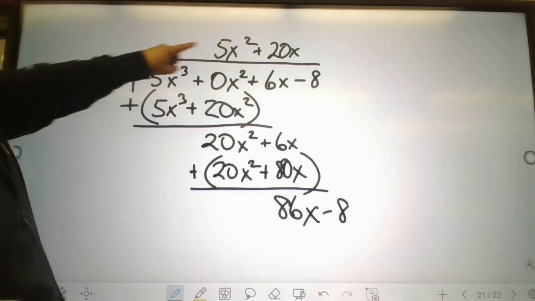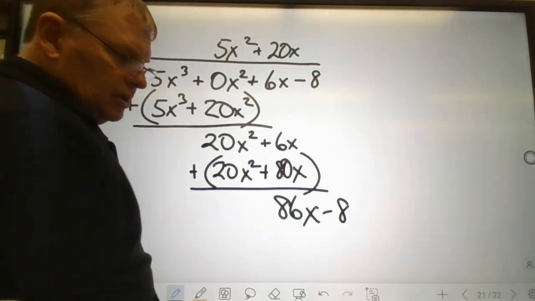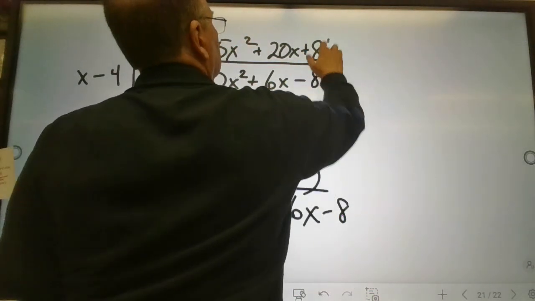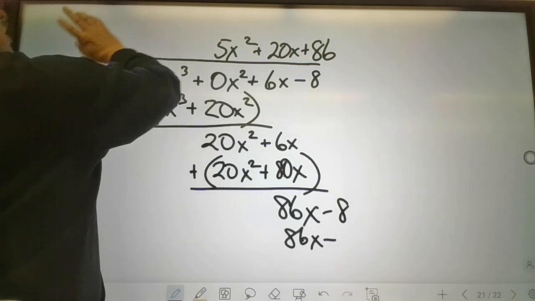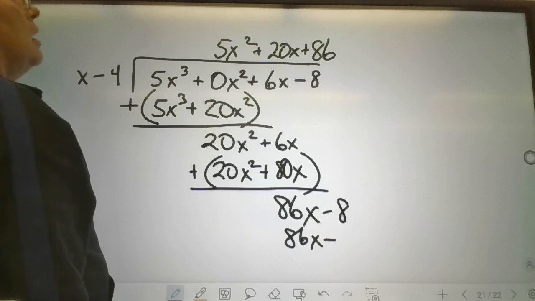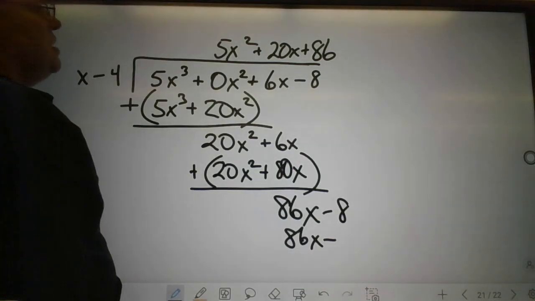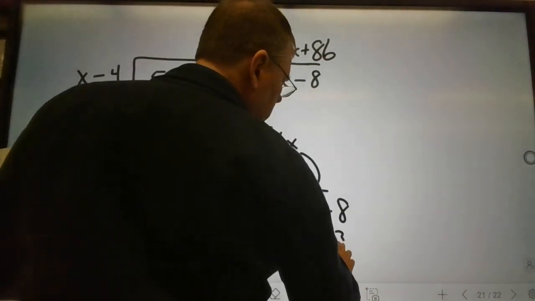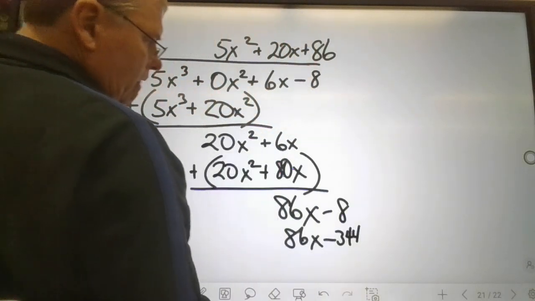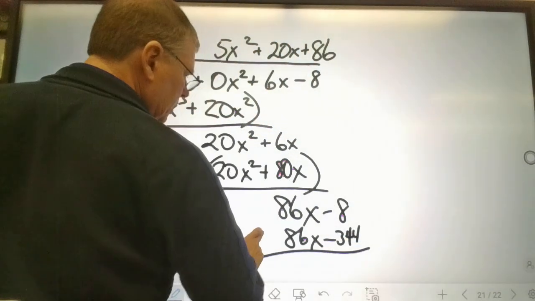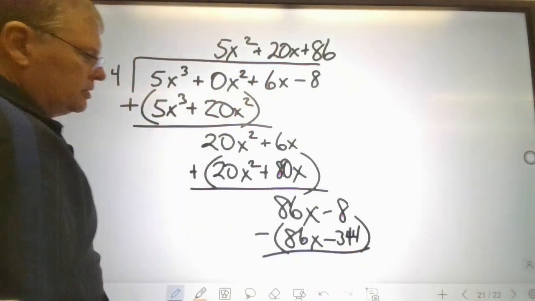And what times x gives me 86x? It is an 86. So an 86x minus 86 times 4, 344. I hope I did that right. Yep. Subtracting all of that.